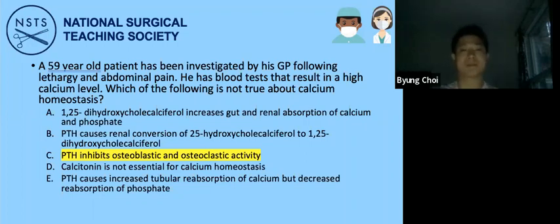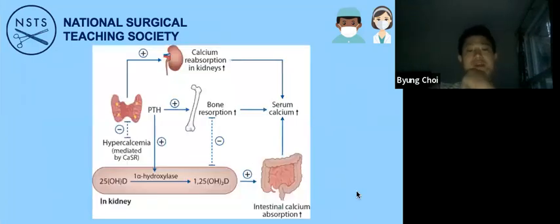And we know that parathyroid hormone has a role in calcium homeostasis. Because it's mainly in response to low calcium, it will want to increase bone resorption to get calcium into the bloodstream.